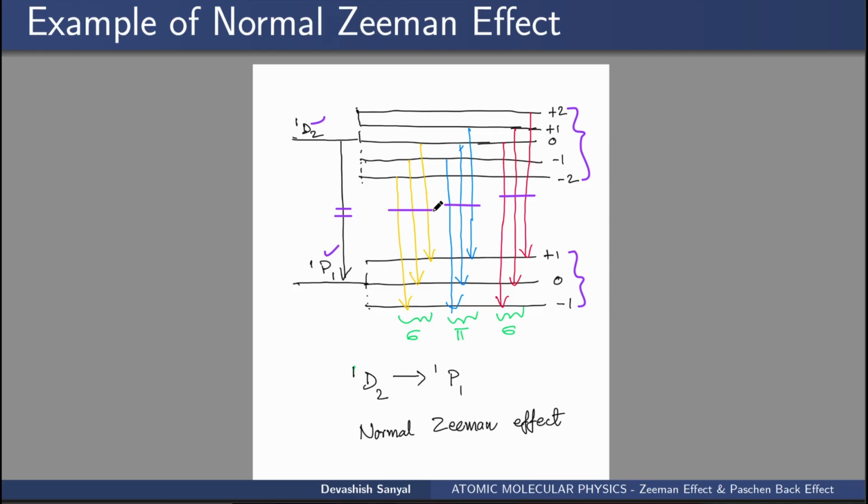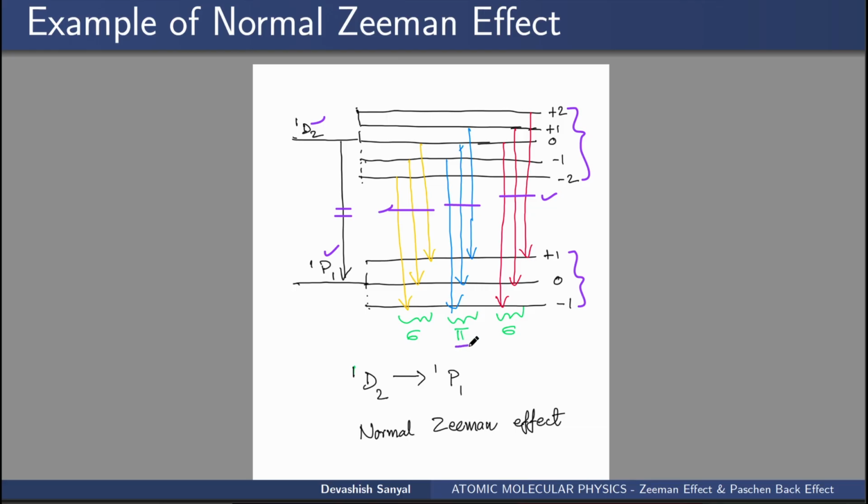So one line is split into further lines. This was the original wavelength, and now we are having two more wavelengths, one is this one and the other one is this one.